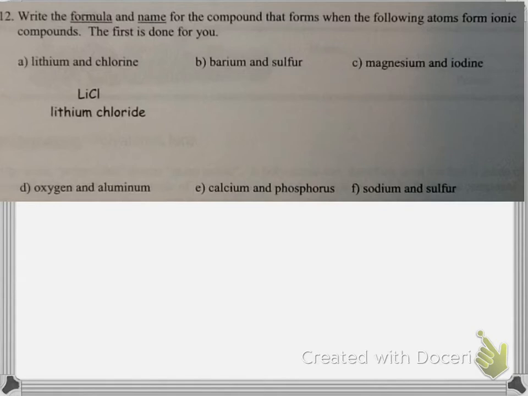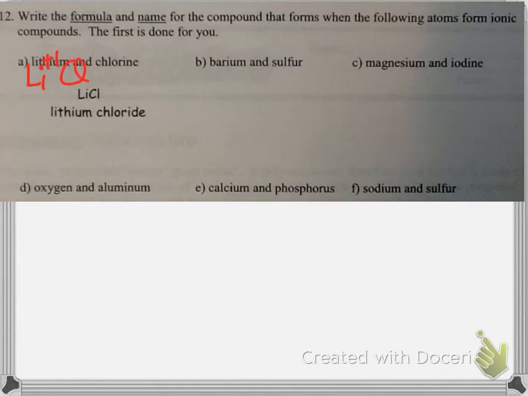Number 12, write the formula and name for the compound that forms when the following atoms form ionic compounds. The first is done for you. So how did we get to lithium and chlorine being that? Lithium is in group 1A, so it has a charge of +1 because it loses that 1 valence electron.